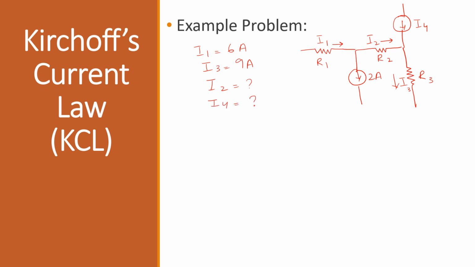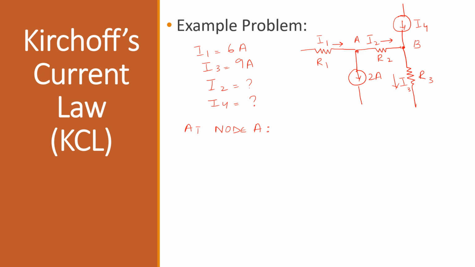So how are you going to solve this circuit? Now look at this circuit. This is node A and this is node B. Now first we look at node A. So at node A, how many currents are coming at node A?